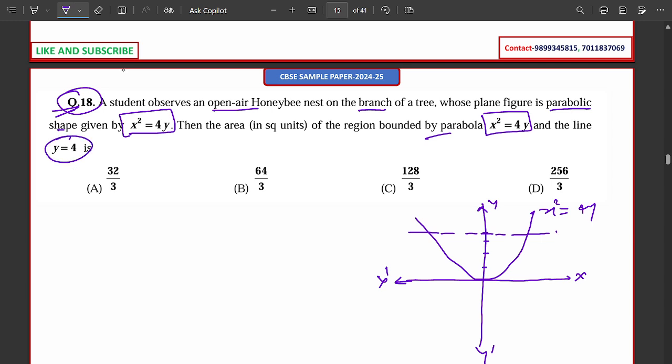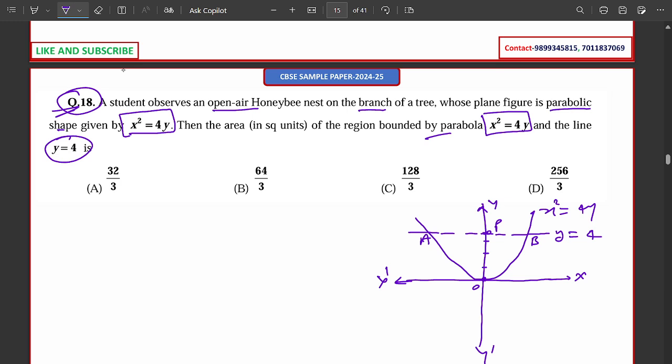So this is the line y is equal to 4. And now suppose this is a point A and this is B, this is a point P, and this is O, the origin.